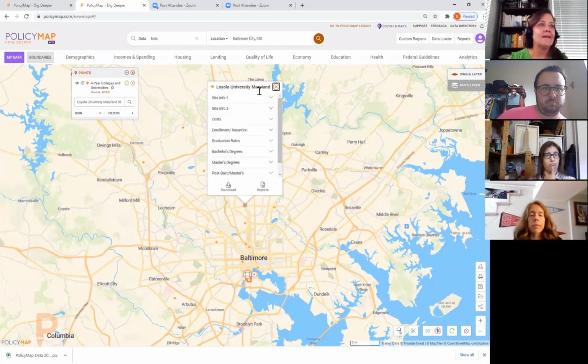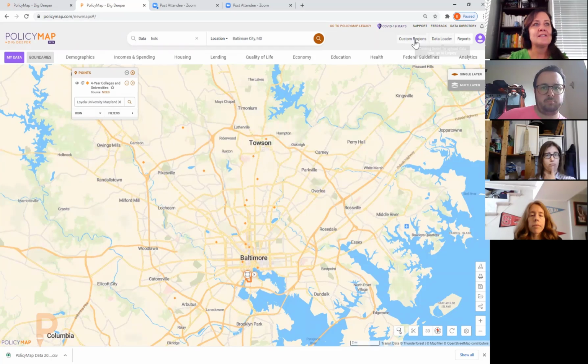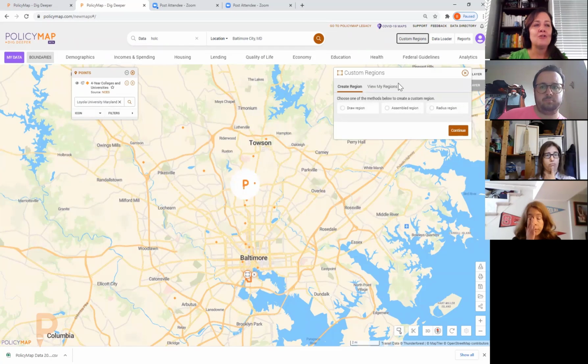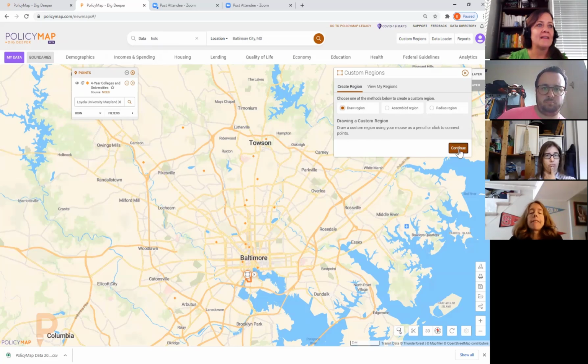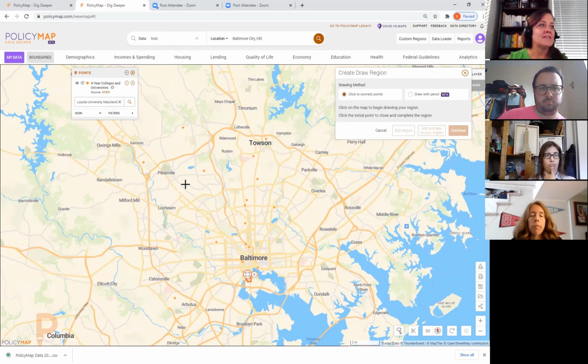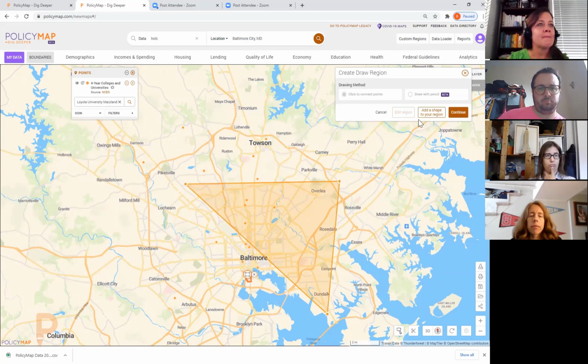Maybe I'd want to create a custom region in and around your school. I can do a number of things. I can draw this region, I can assemble the region, or I can do a radius around a specific area. If I just wanted to draw a region, I can just click through and create this region.